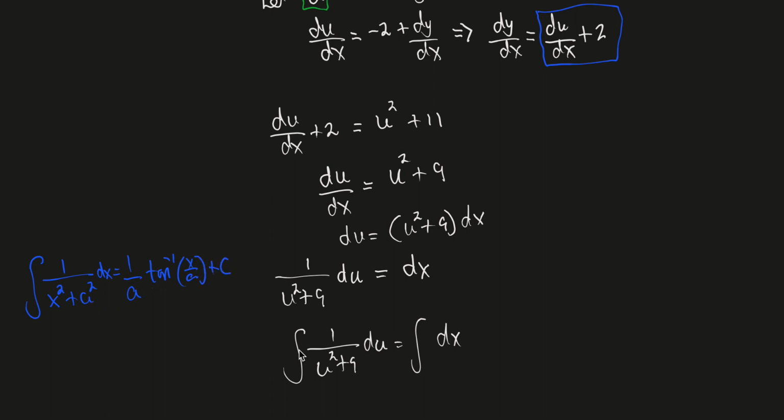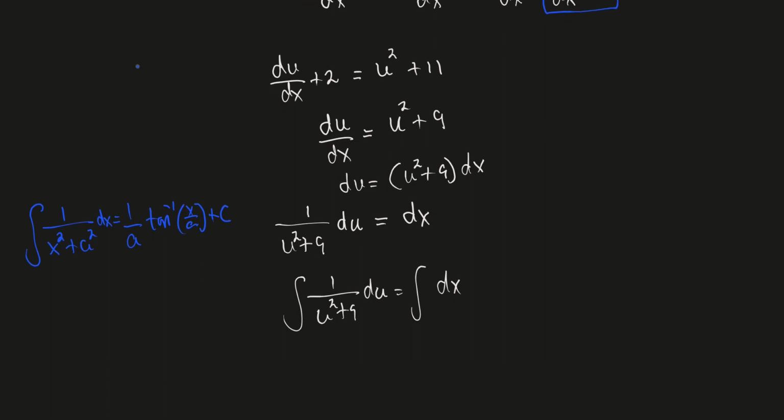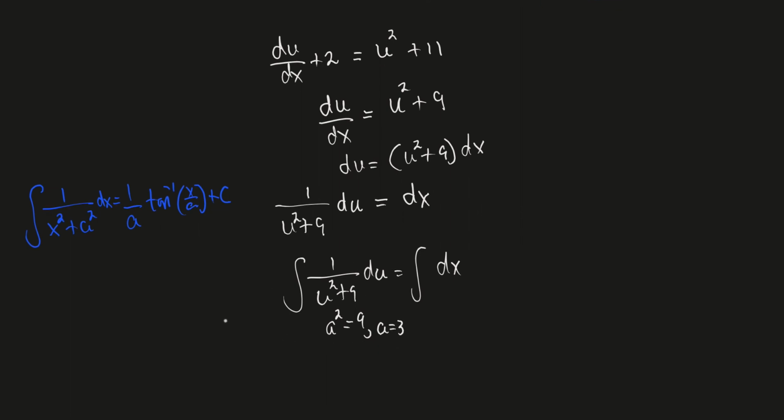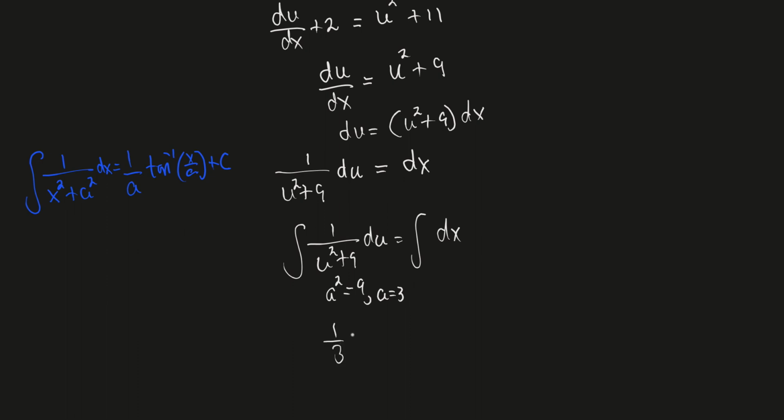In this case, a squared is 9, and therefore a is equal to 3. So this becomes 1/3 arctangent of u over 3, and then on this side we'll have our x and then our plus c.